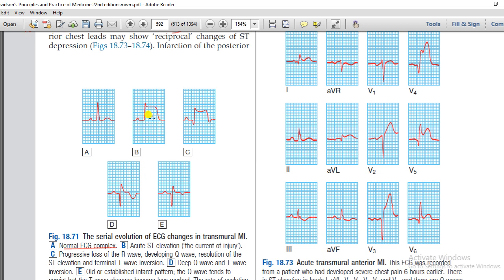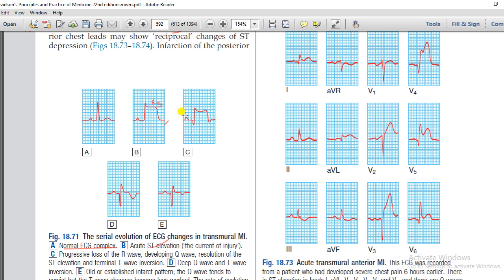There is P, Q, R, S, T. The R and S complex is elevated, and there's no T complex. In this case there is acute ST elevation, the current of injury. There is also progressive loss of R wave.